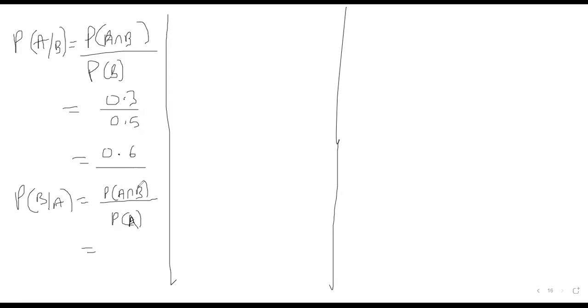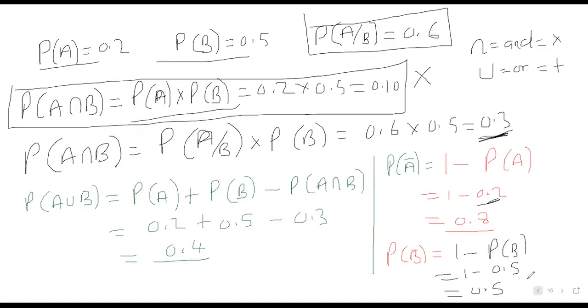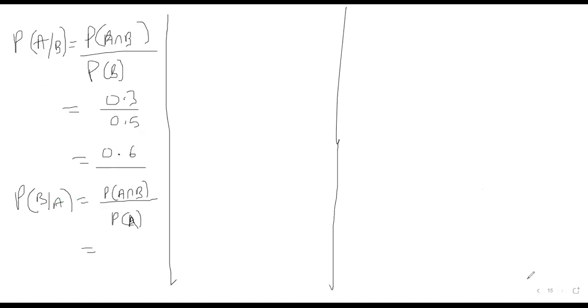A intersection B, B intersection A. It's like 2 times 3 and 3 times 2. So these ones, that is how we do it.